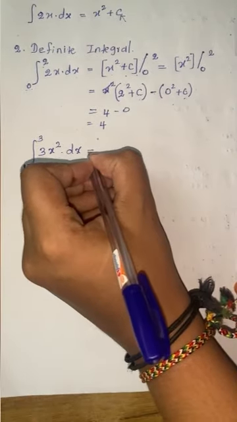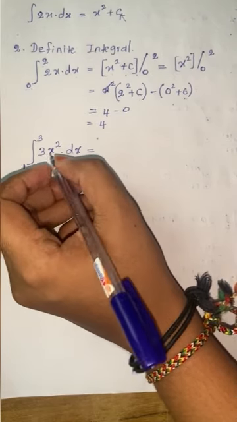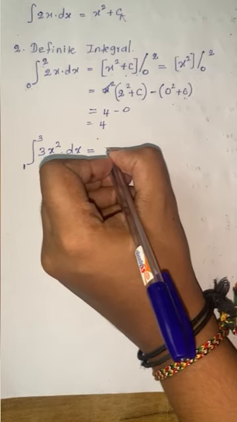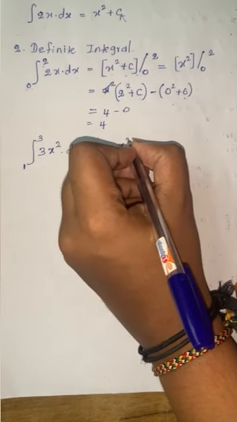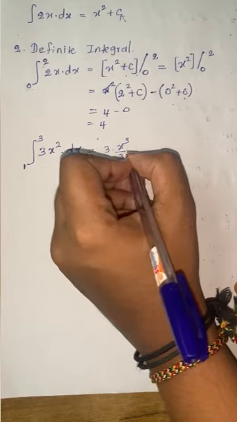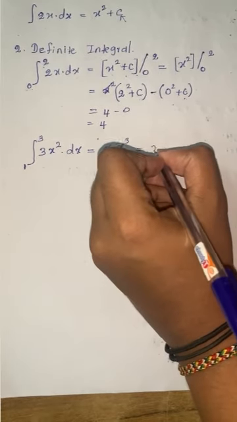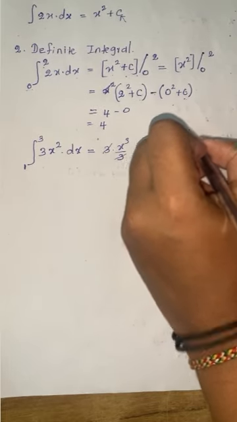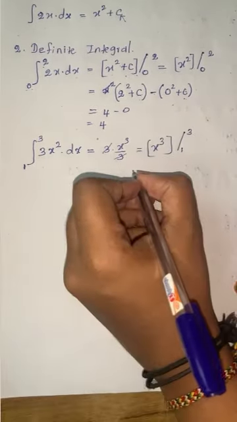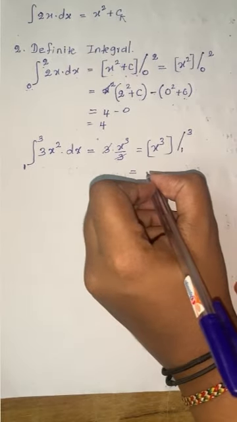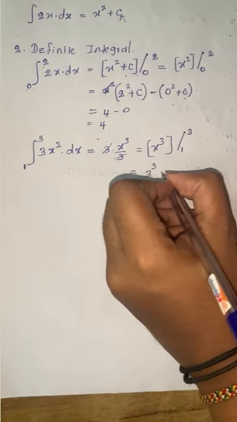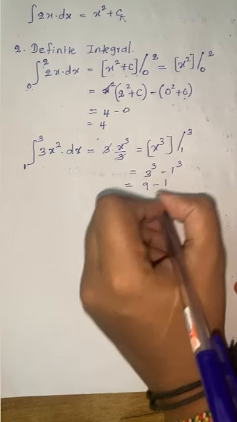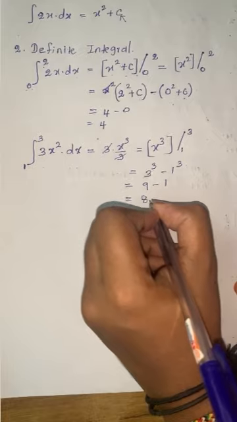We go from the rule. 3 is a constant, so it remains there, and x to the power 2 plus 1 is 3 over 3, so both are cancelled out, and we get x to the power 3 from 1 to 3. Then simply substitute: 3 to the power 3 minus 1 to the power 3. So 27 minus 1 is equal to 26.